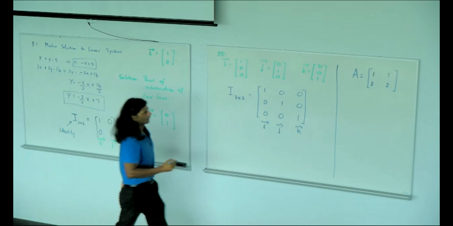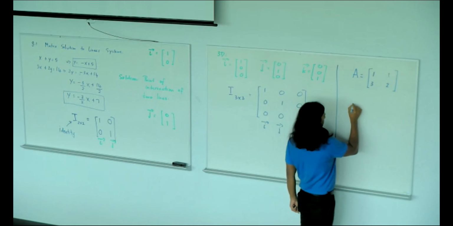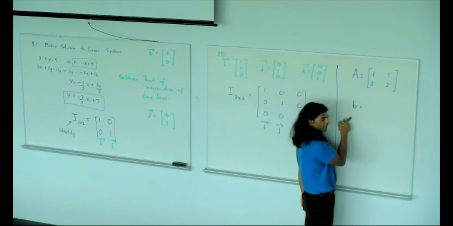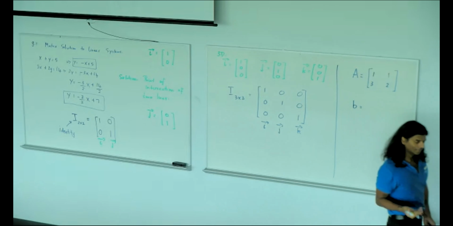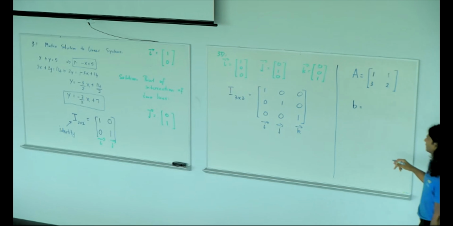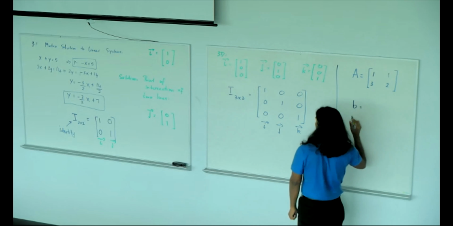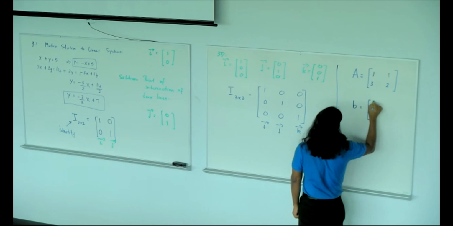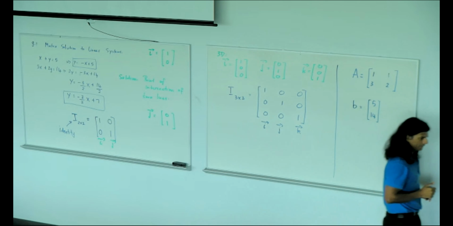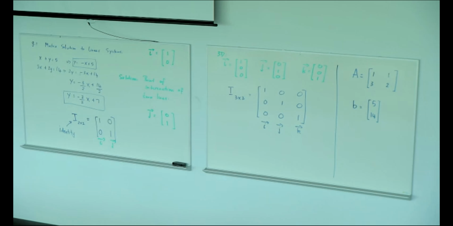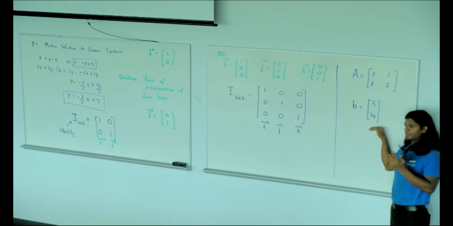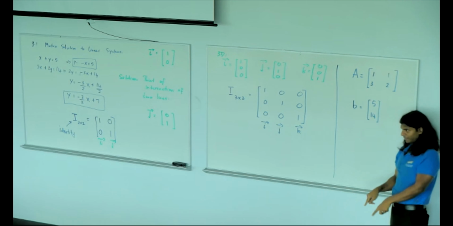Okay, very good. So I'm going to use the letter B. Lowercase vectors are denoted by lowercase letters. 5, 14. And if you recall, I mentioned that common practice is to always present vectors as column vectors.